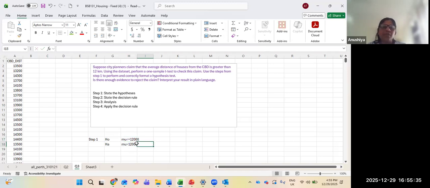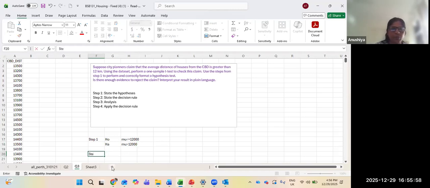Remember that when we need to specify the hypotheses, it is always better to start by specifying the alternative hypothesis. And then while writing the null hypothesis, we need to include the equal sign as well. Therefore, less than or equal is included in the null hypothesis.